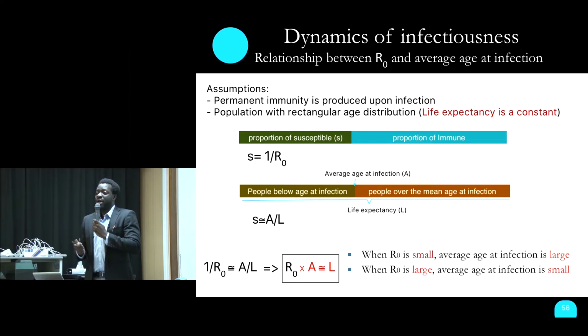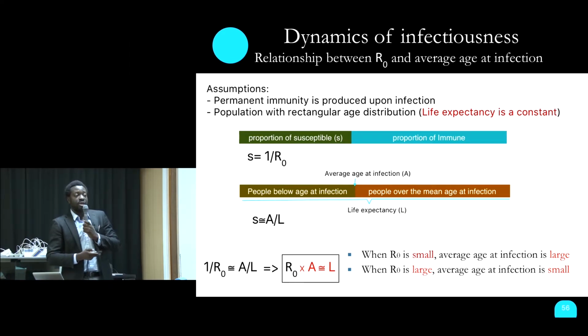There is some mathematical background below on how to arrive at this formula, but I think understanding this is enough for you to understand the relationship between R naught and the average age at infection.